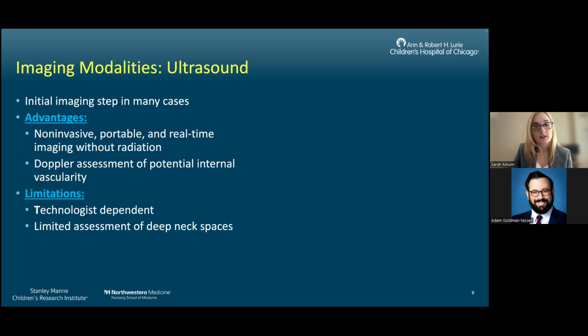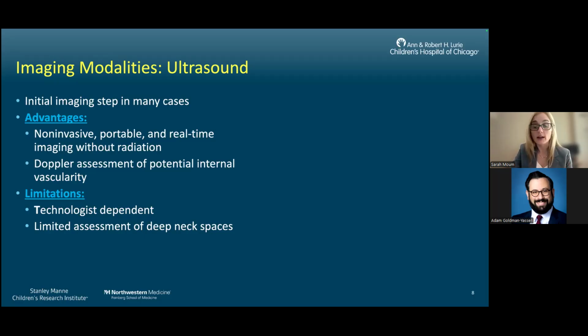Before we jump into the pathology and the differential diagnoses, I just want to highlight some of the imaging modalities we have at our disposal and some of the important considerations for patients at this age. So as we know, ultrasound is going to be the initial imaging for most neonates because it is non-invasive, it's portable, and it provides a real-time imaging evaluation without the need for radiation.